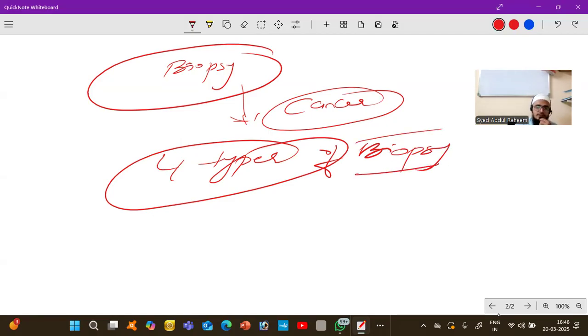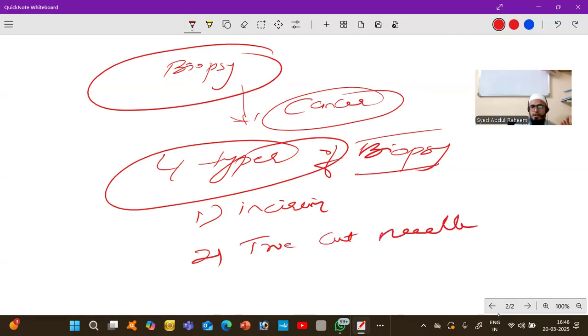One is incision biopsy. Second is true cut needle biopsy. Third is FNAC, fine needle aspiration cytology. And fourth is excision biopsy.